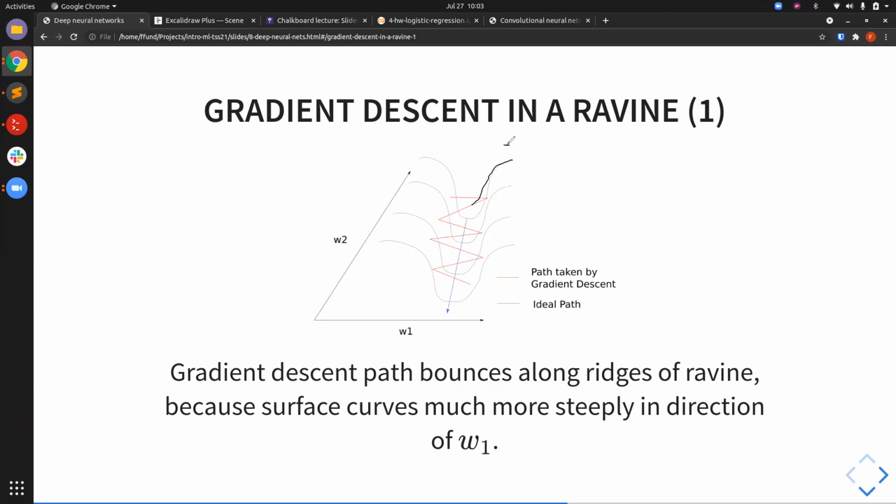So your gradient says, go very far in the W1 direction. Meanwhile, the loss surface is not very steep in the W2 direction, so the gradient says, just go a little bit in the W2 direction. So you end up bouncing back and forth along this ravine because gradient descent tells you to go very far in the opposite direction of steep ascent. And then you end up bouncing back and forth instead of proceeding smoothly towards the minimum.